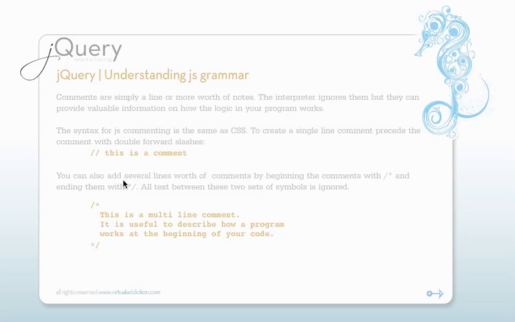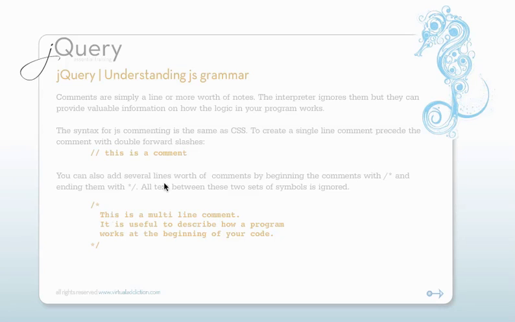You use double slashes to make a one-line comment, or for a multi-line comment you use slash asterisk and terminate the comment with asterisk slash, and you can put as many lines as you want. Anything within that block will be considered a comment and ignored by the interpreter.